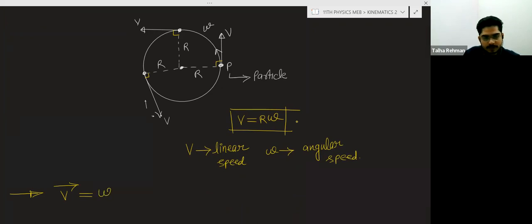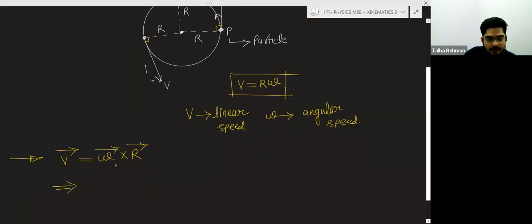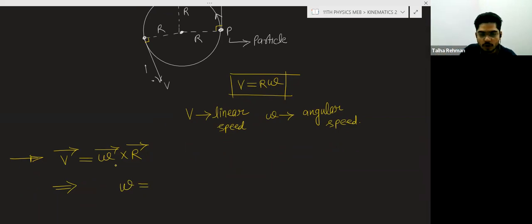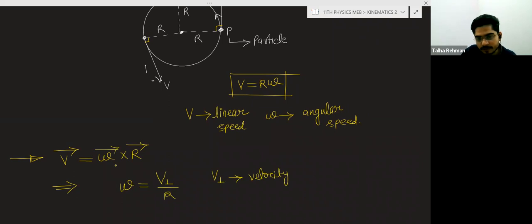This is the actual relation, and from this relation, when you have to find omega in a question, always write omega is v perpendicular divided by r, where v perpendicular is the velocity perpendicular to the radius, and r is the radius.